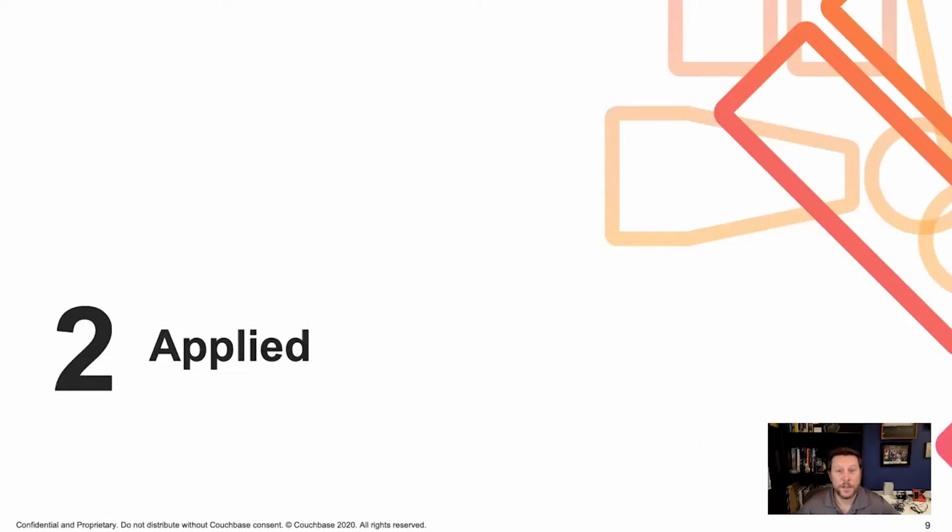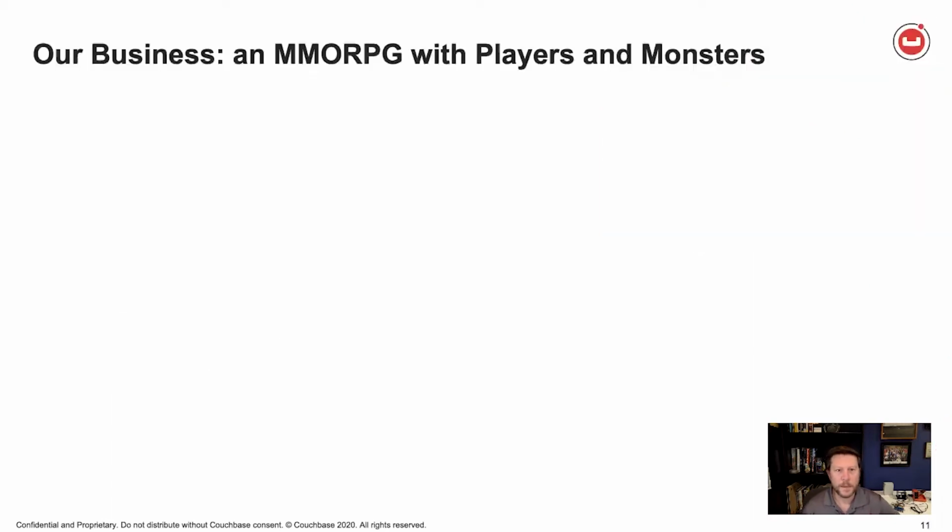So let's talk about how this is applied to a fictitious, but maybe realistic example of a document model for a Couchbase system. So we've raised some money and we're going to build a massively multiplayer online role-playing game, an MMORPG, with players and monsters.